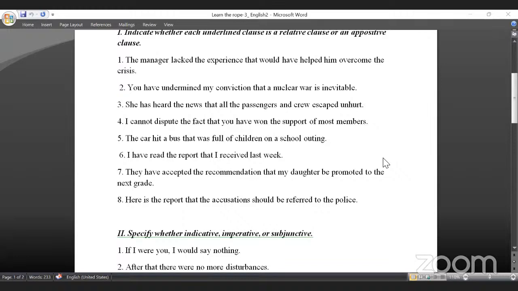My question is, does that affect the fact that this is an appositive clause? No, right? It does not. You can still reproduce that part from the sentence. It is not given here because it's part of the sentence, so we don't have to repeat it. Basically, the full sentence is: I have read the report that I received last week. It is implied there.